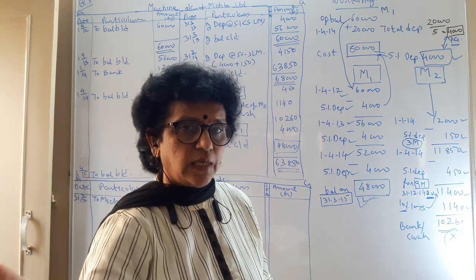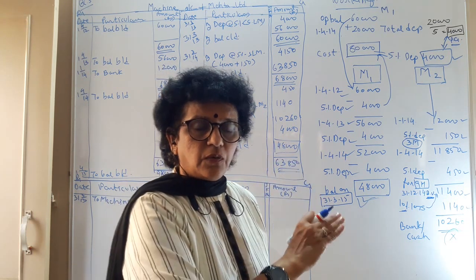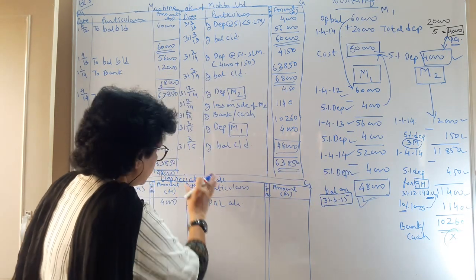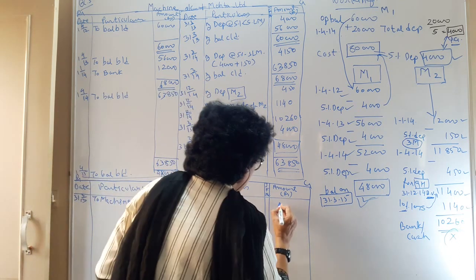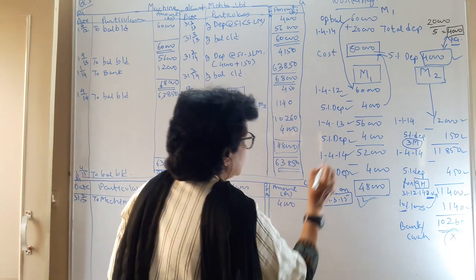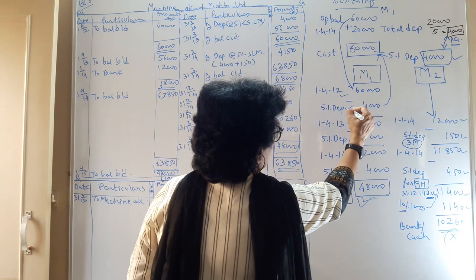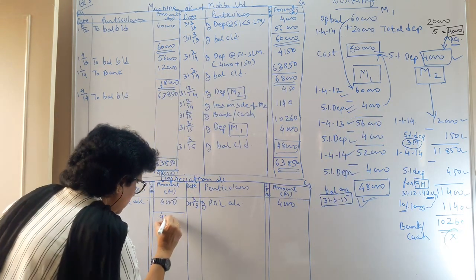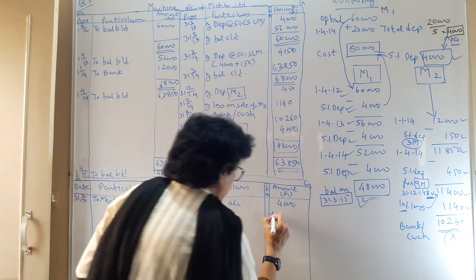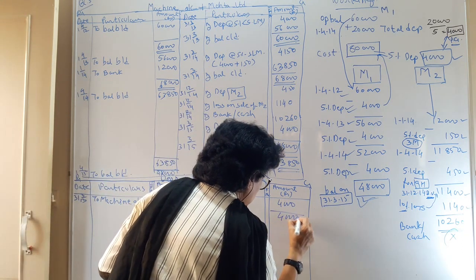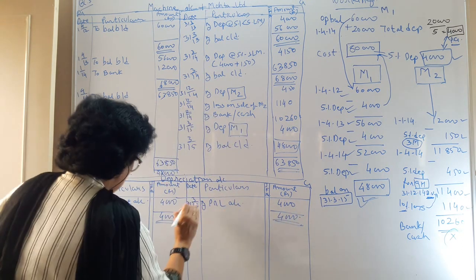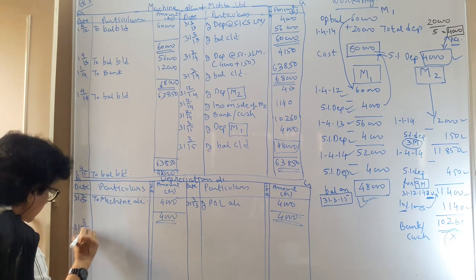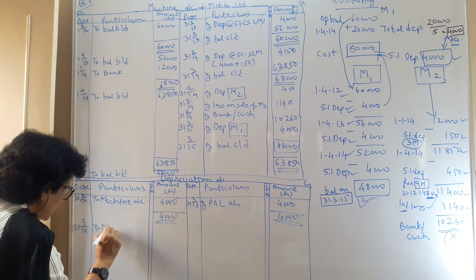What entry we used to write? Profit and loss account debit to depreciation account credit. So on the depreciation account credit side, 4,000 to be written. So the first year posting is done for depreciation. Close the account, do the total, it is going to be the same. Nothing remains as balance, your account is closed. Like this, on the 31st March 14, that is to machine account.